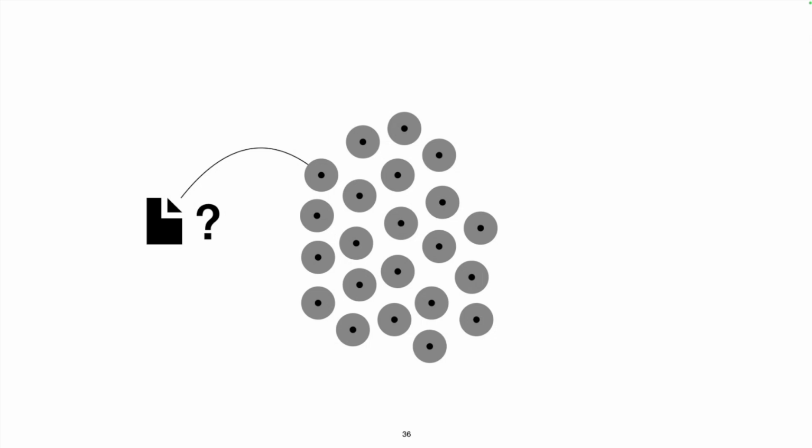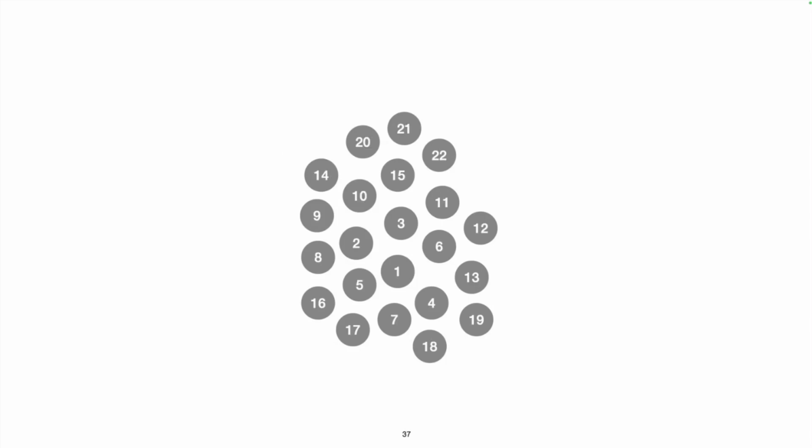Now, the first question that we asked ourselves when implementing this is, which file do we assign to which disk? Because we know we want a disk for each file, but how do we determine which disk each file represents? Well, if we look back at our algorithm, or at least the way we designed it, we notice a pattern, which is that the points seem to grow out of our central starting point.